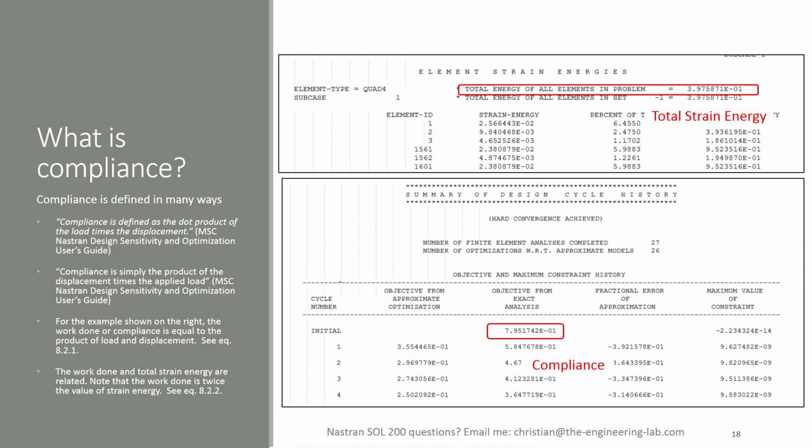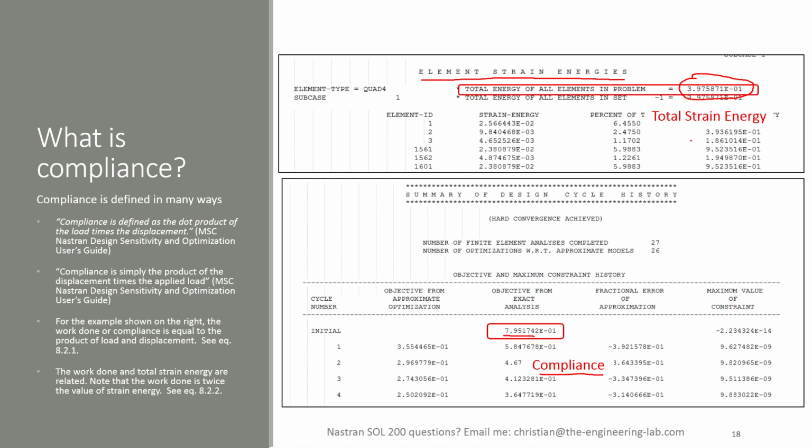What is compliance? Here in the F06 file, you'll find a section called element strain energies. Here is a value for this example. We only have one load case, so there's only one value for total strain energy. Here you can see the value is 0.397, so it's about 0.4. If we look here at the compliance for the very initial design, it's approximately 0.8.